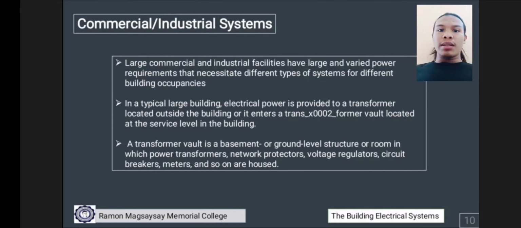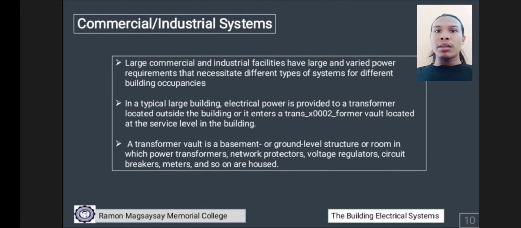And lastly, commercial and industrial systems. Large commercial and industrial facilities have large and varied requirements that necessitate different types of systems for different building occupancies. In a typically large building, electrical power is provided to a transformer located outside of the building, or it enters a transformer board located at the service level in the building.